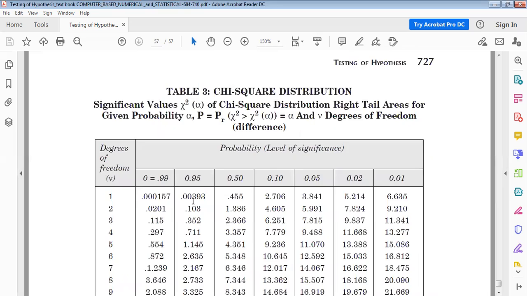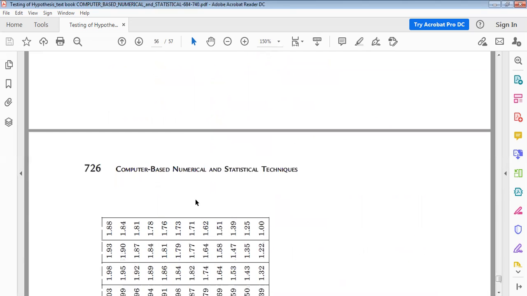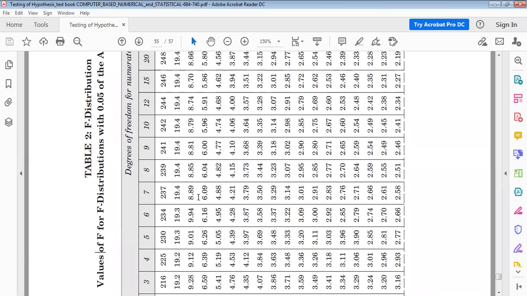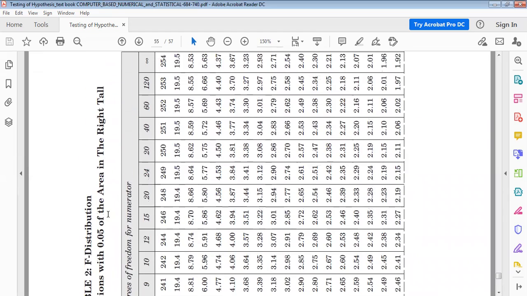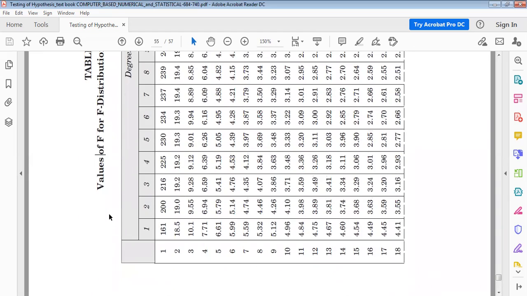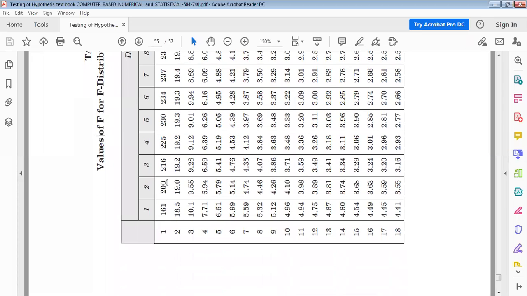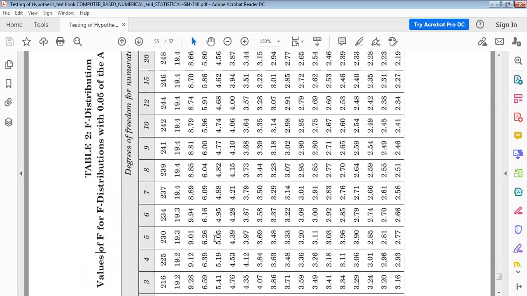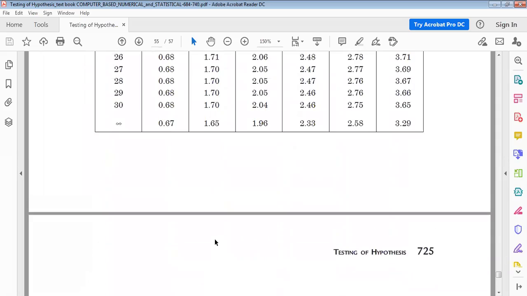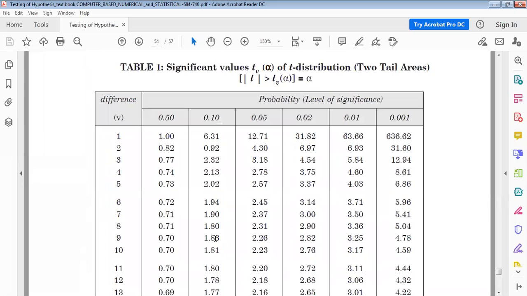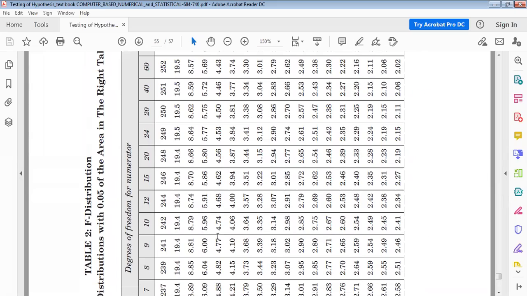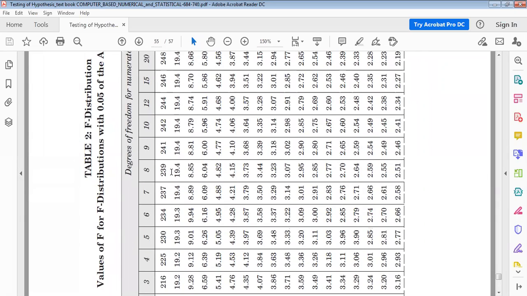This is the chi-square table, and this is the table for the F test.